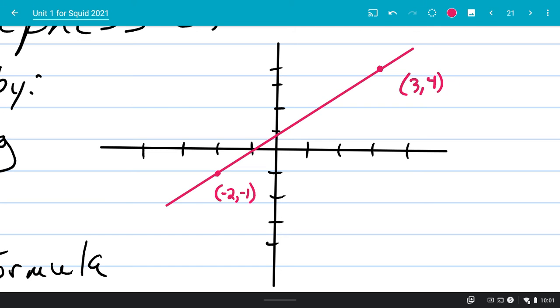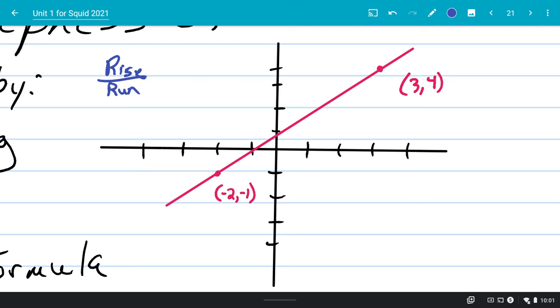Now, I can find the slope of that line a couple different ways. The first and easiest way to find it is to count it. I'm just going to count the rise and put that over the run.